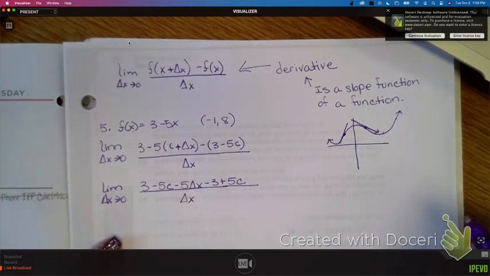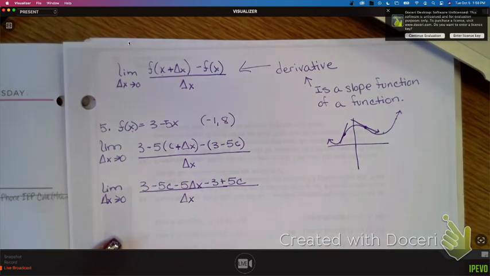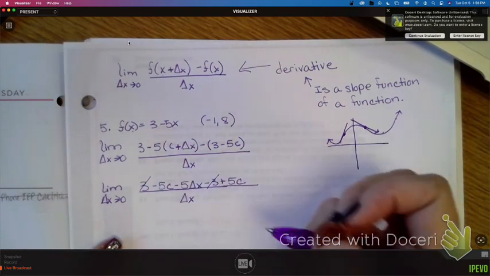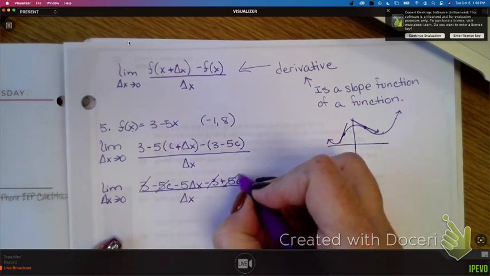Now I need to simplify. I have 3 minus 3 is 0. I have -5c, positive 5c is 0.